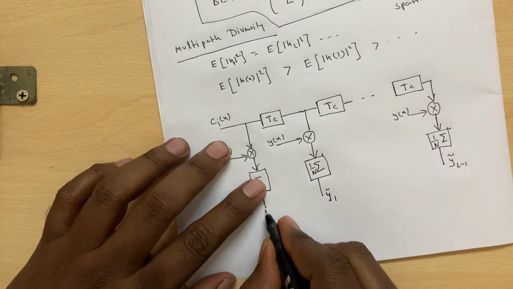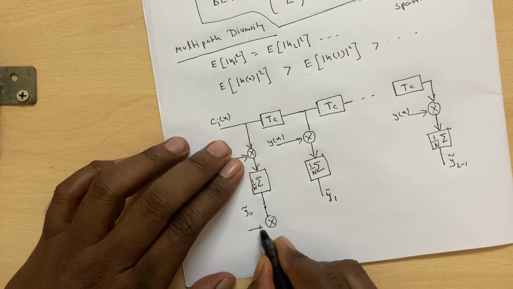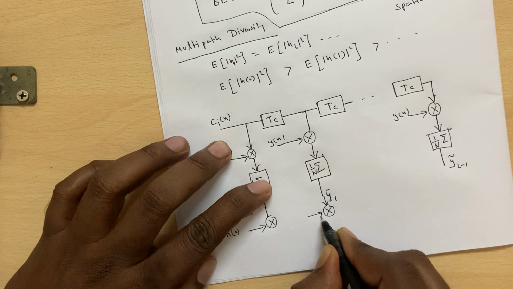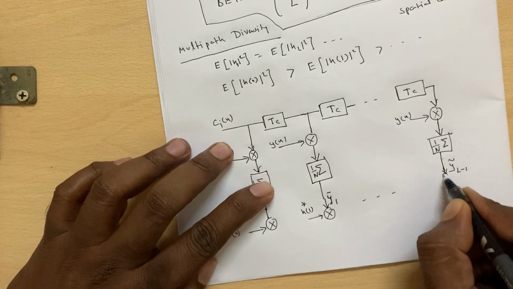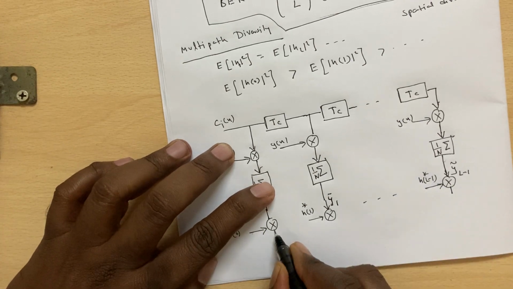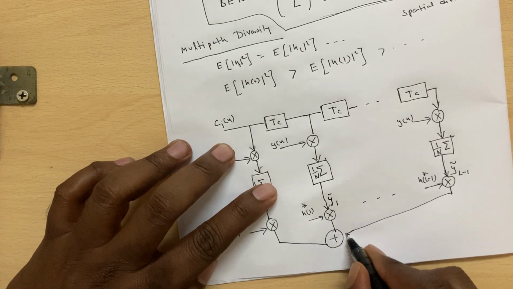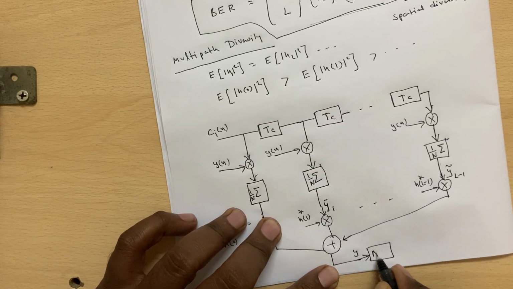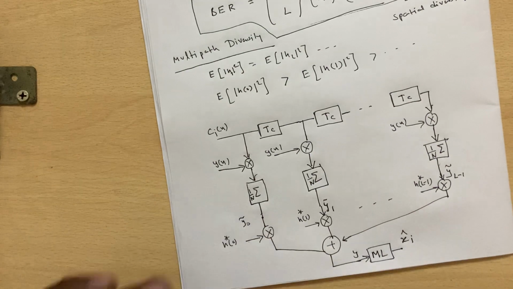And in MRC combining, what we do is multiply this with h of 0 conjugate, this with h of 1 conjugate, and so on, and this with h of L minus 1 conjugate, and we add them to produce y, and apply it to the maximum likelihood detector, which will give us the estimate for the transmitted Xi.